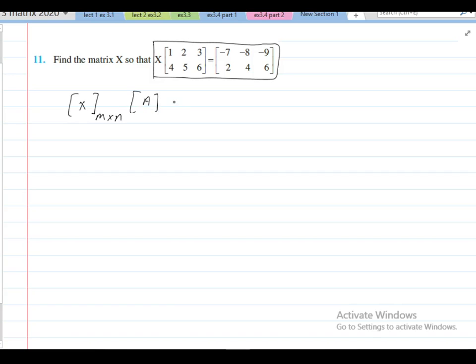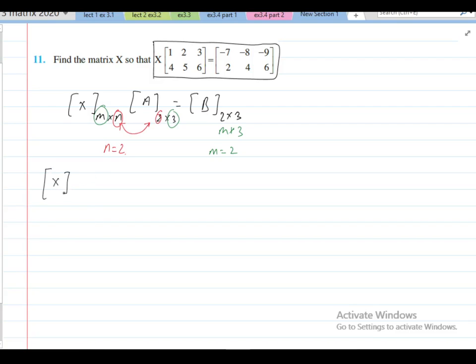Now what is the order of A? 2 cross 3, and B is also 2 cross 3. N should be equal to 2, these two numbers must be the same, so our N must be 2, and the resultant matrix will be of order M cross 3, which gives us M equal to 2.